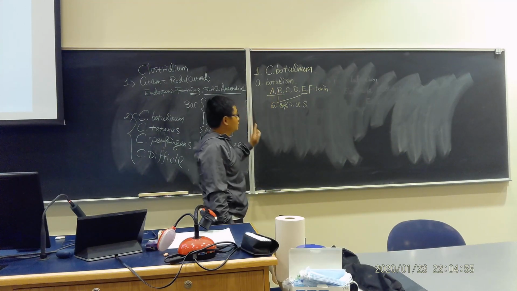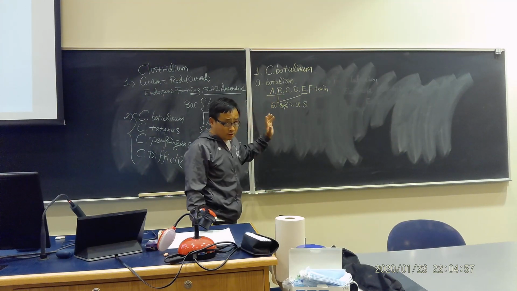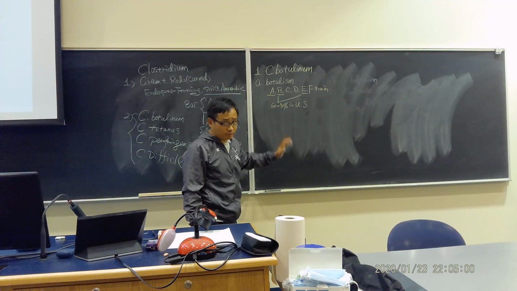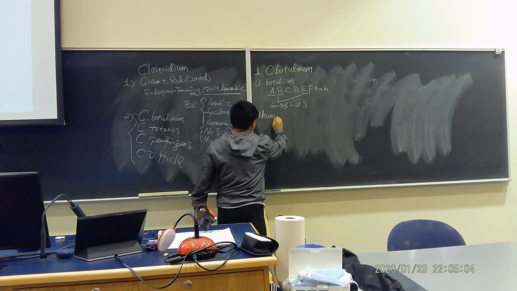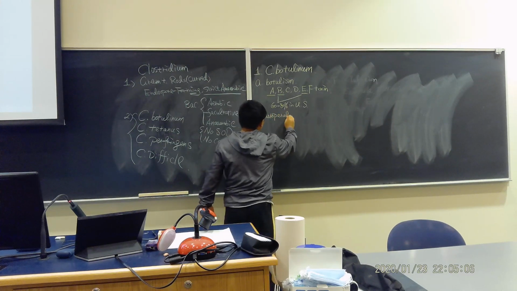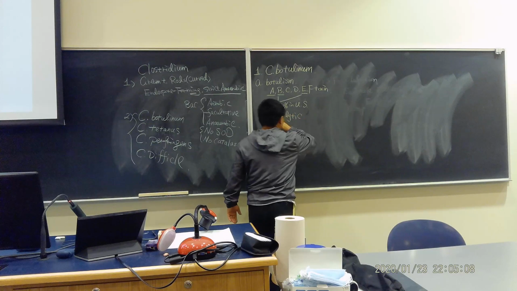What type of toxin is really going to cause a problem? What type of problem will we have? Neuroparalytic symptoms. What are they?